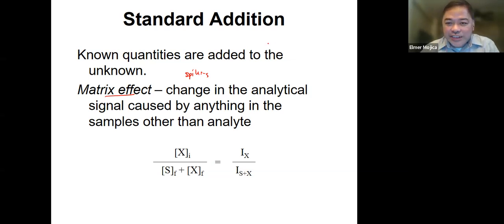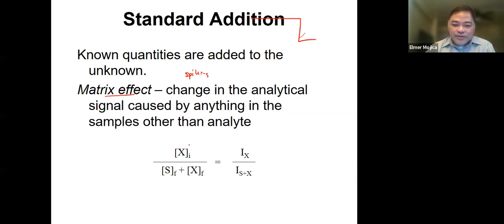Okay? Kasi hindi natin pwede yung calibration curve. The matrix effect is prevalent. So we have to do standard addition. So usually this is just equal to this formula. Okay?